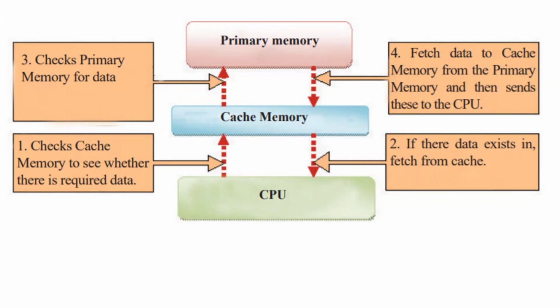Here the primary memory means RAM. Between RAM and CPU is located the cache memory. Inside the CPU, registers are there.